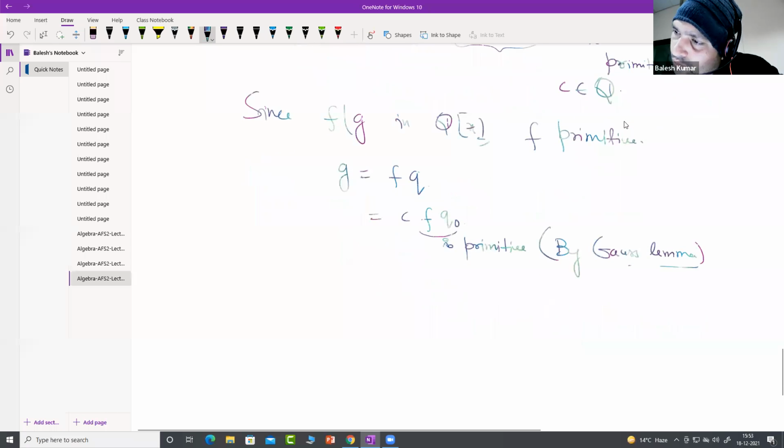So the product of primitive polynomials is primitive. Now if one would like to write g also, using the above lemma, in terms of a primitive polynomial, then we know that g is some constant times g0, and since this expression is unique, this C should be equal to this C. That's one thing. And g0 is an integer polynomial, g0 belongs to Z[x], with g0 primitive.